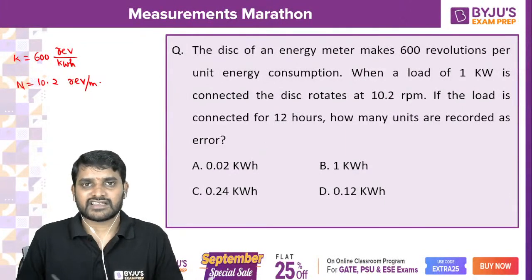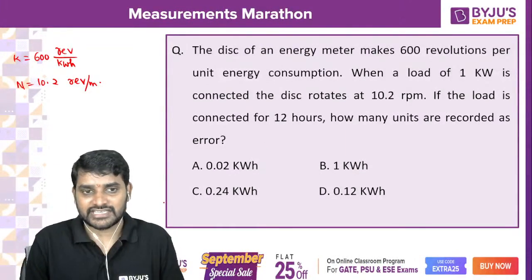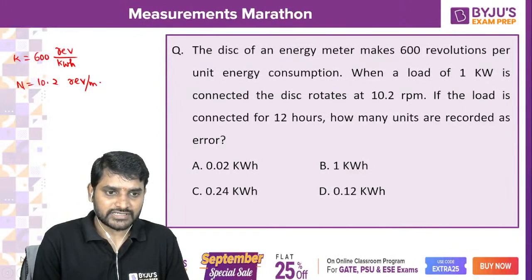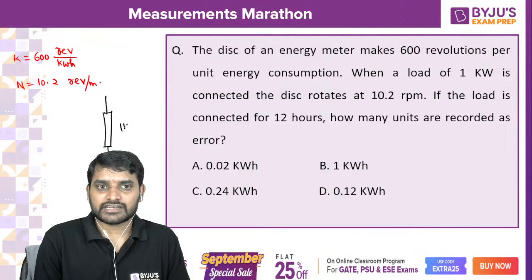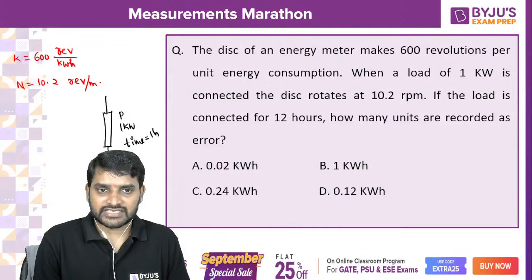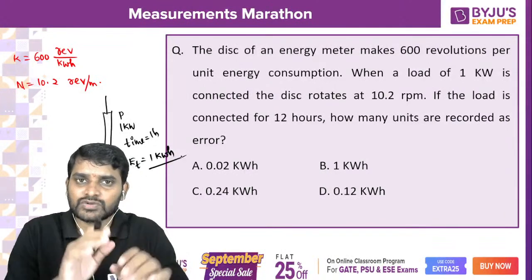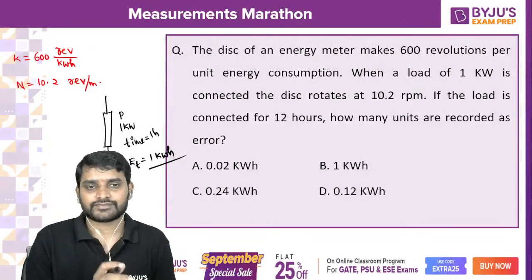First of all, what is the true energy consumption? I have a load of 1 kilowatt, this is my power. Let me take the time as 1 hour. So the true energy consumption will be 1 kilowatt hour per 1 hour.